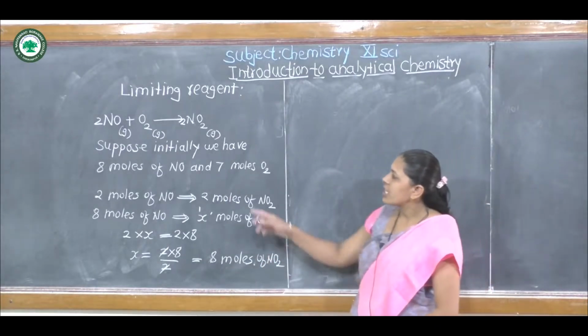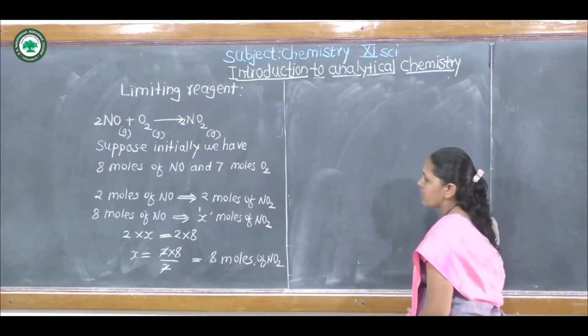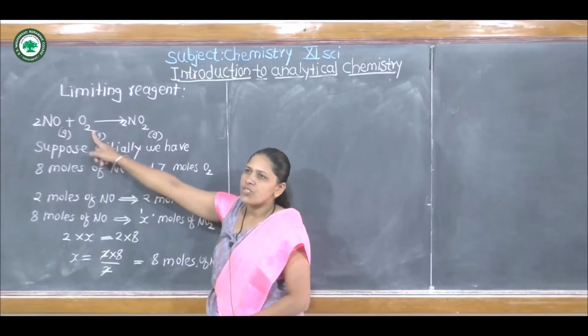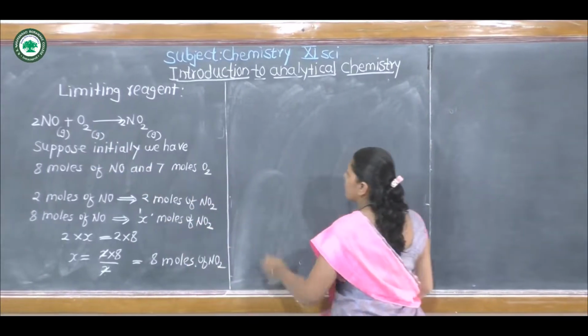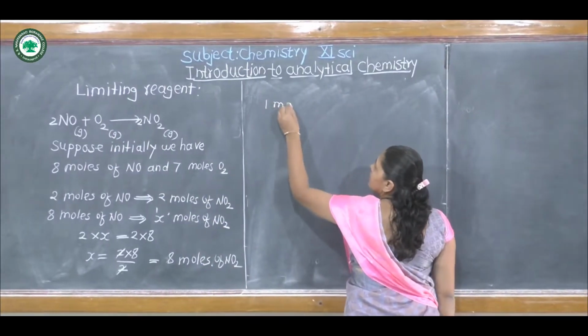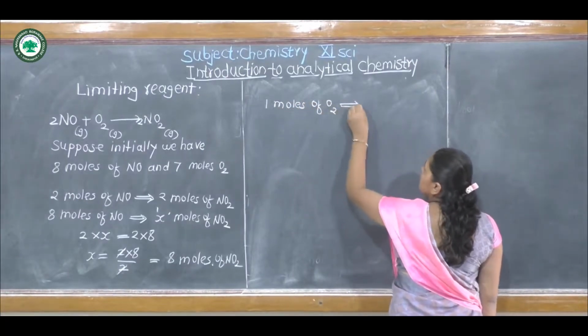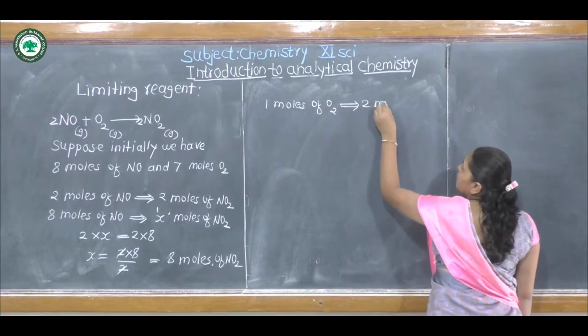Then initially we taken 7 moles of oxygen, but above equation indicates that 1 mole of oxygen forms 2 moles of NO2.